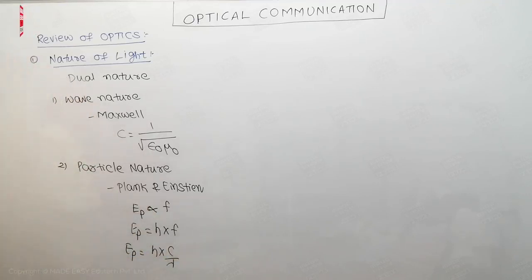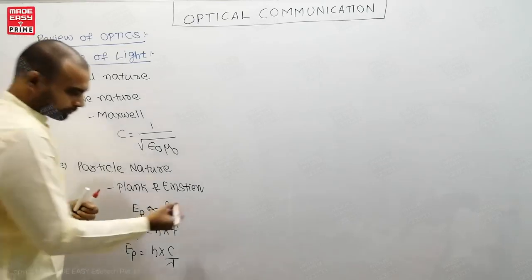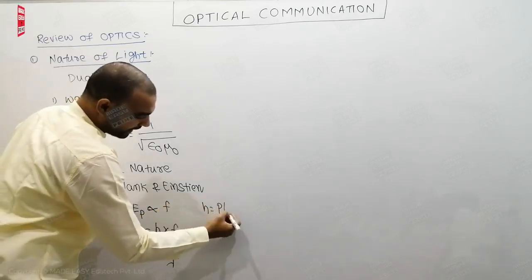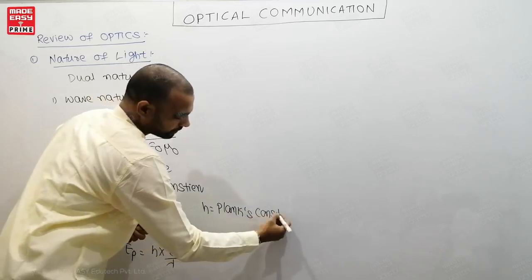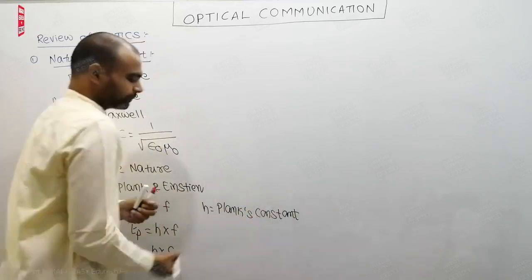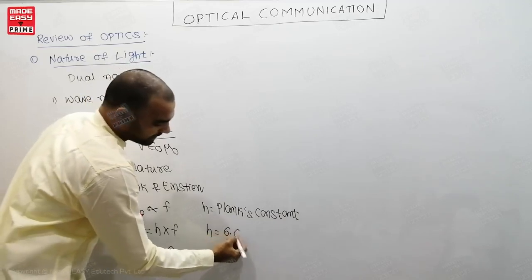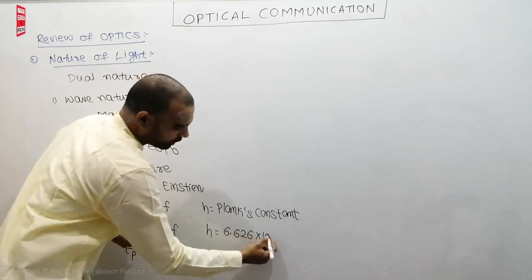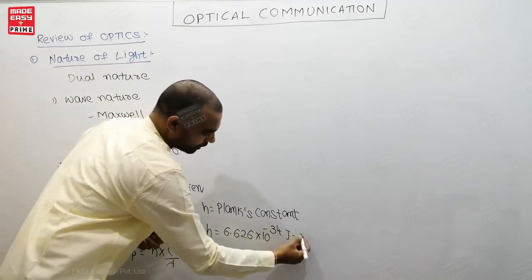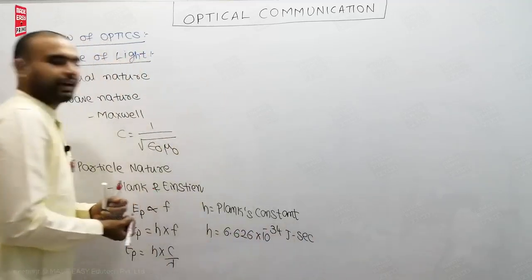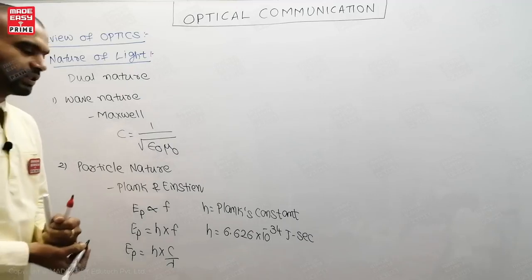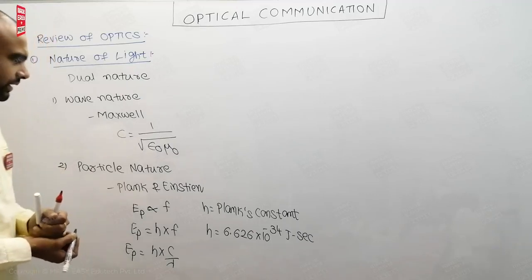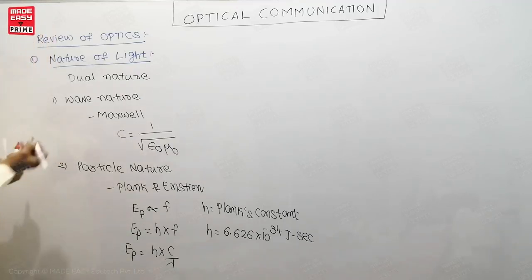Here h is Planck's constant, 6.626 into 10 to the power of minus 34 joule second, which is the unit for Planck's constant. So this is about the particle nature and wave nature.